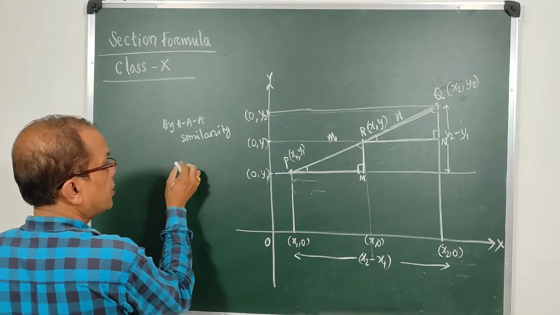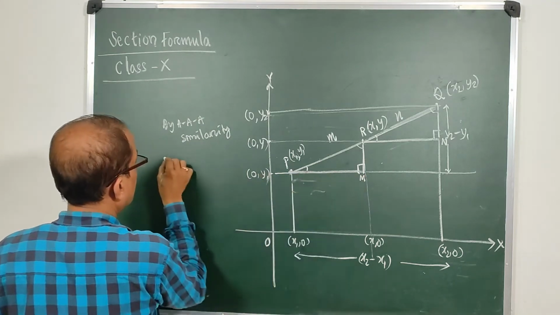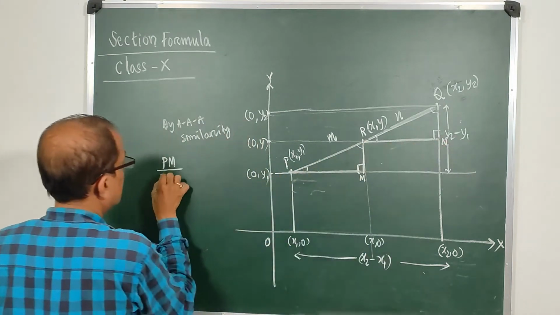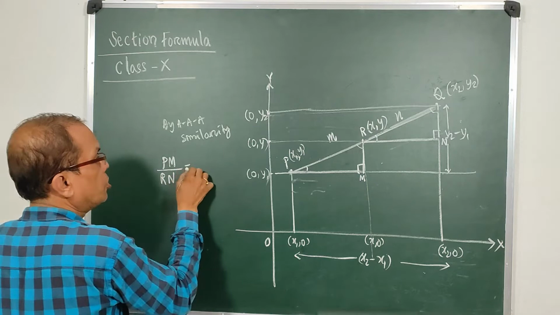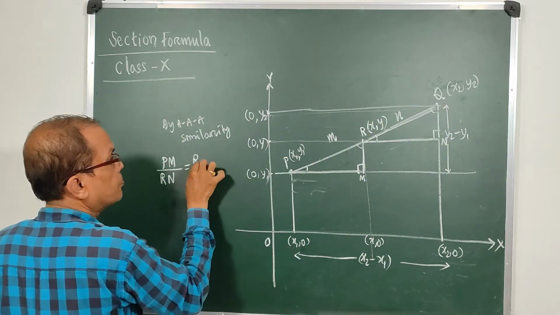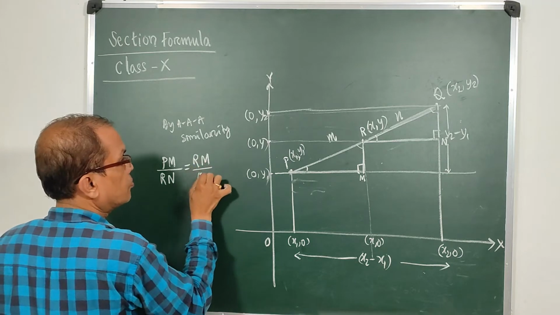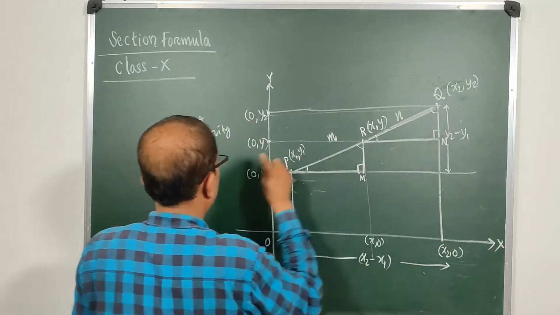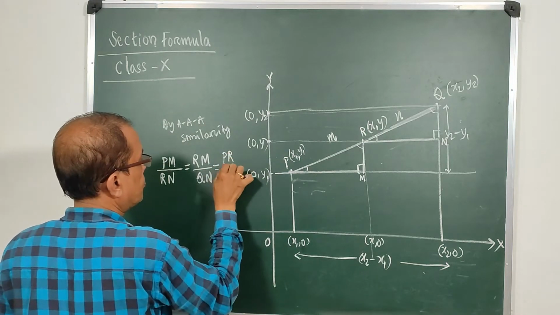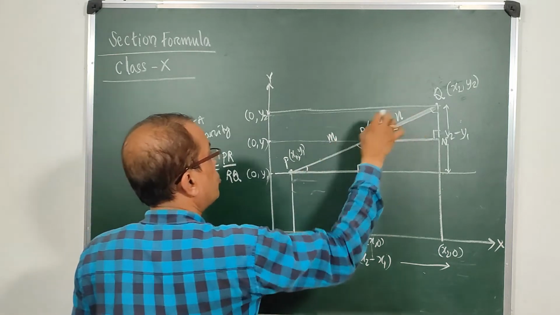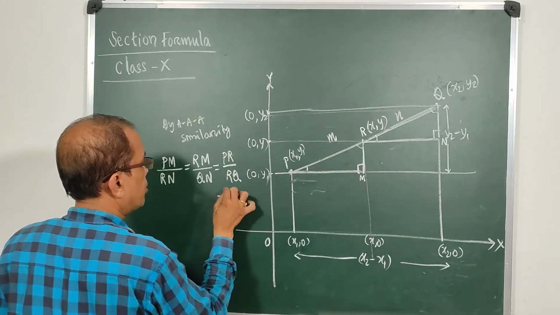So we can find that PM upon RN is equal to RM divided by QN, and that is also equal to PR is to RQ. And we know PR is to RQ is m upon n, so we write here m is to n.